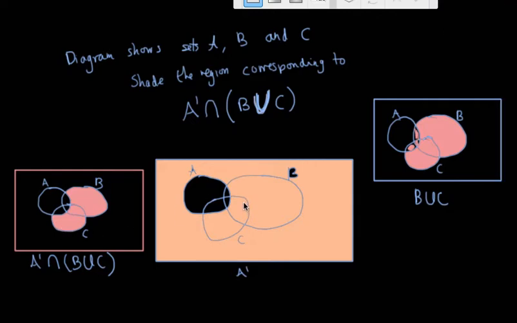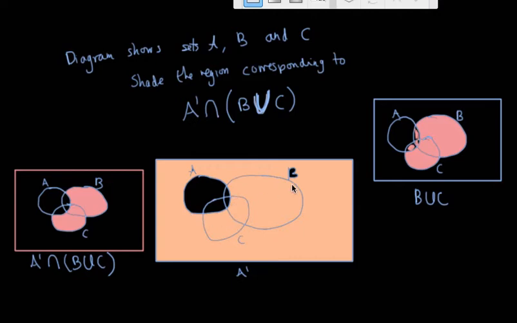So if we look here, in the complementary set of A, everything in the background is coloured in, and everything in B is coloured in, and everything in C is coloured in. And in this one, everything in B is coloured in, everything in C is coloured in, but this bit here where it goes into A is also coloured in, but the bit between A and B and C is not coloured in.